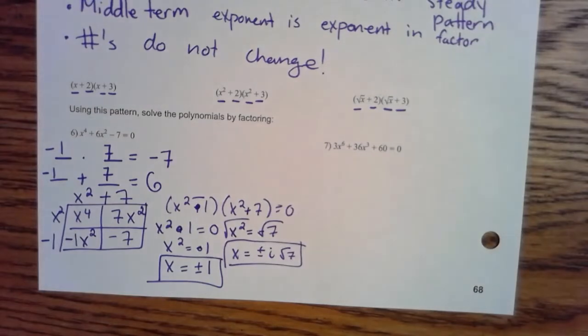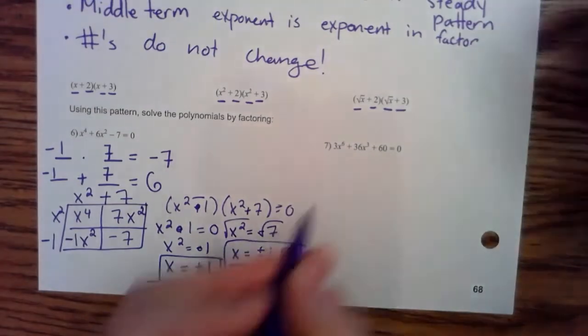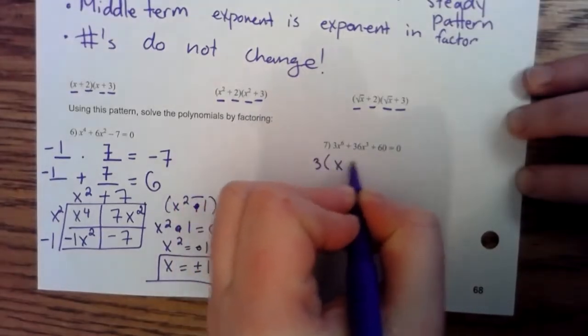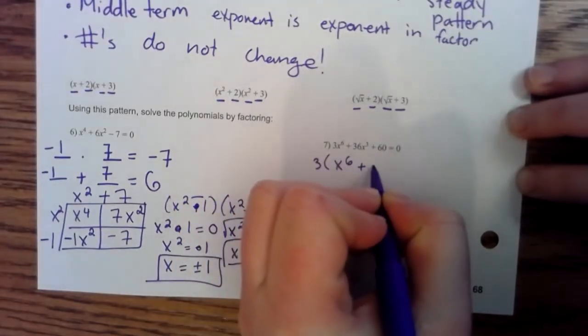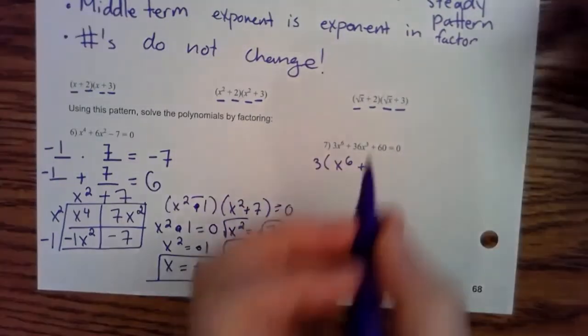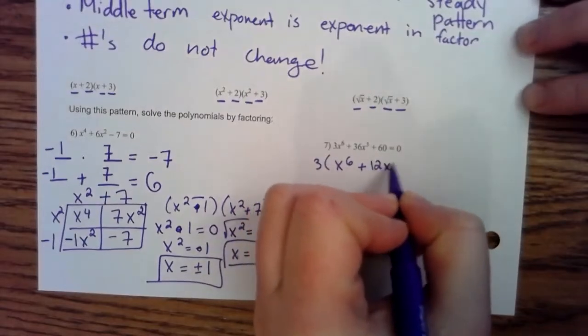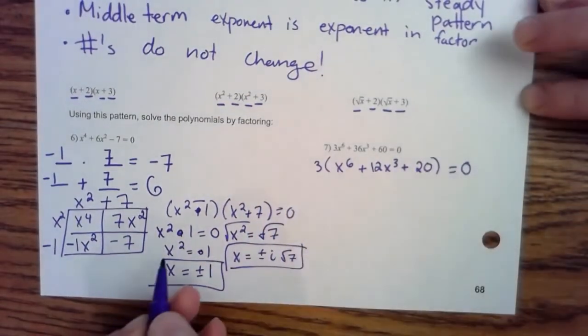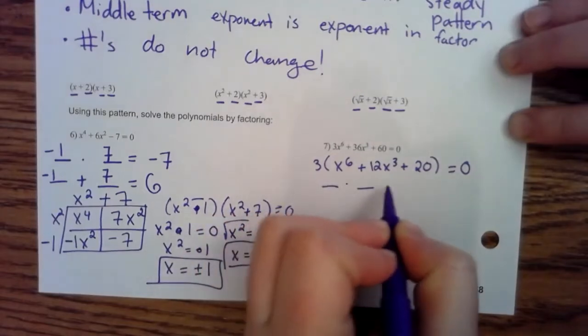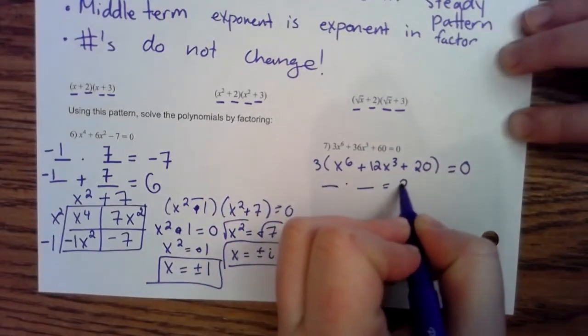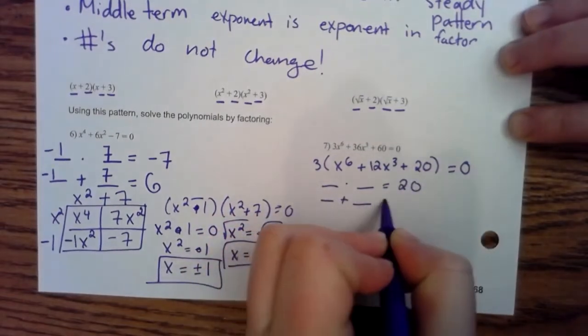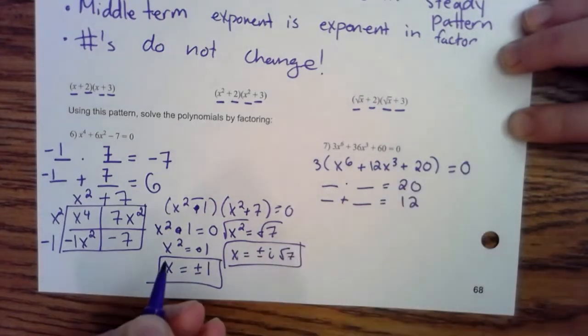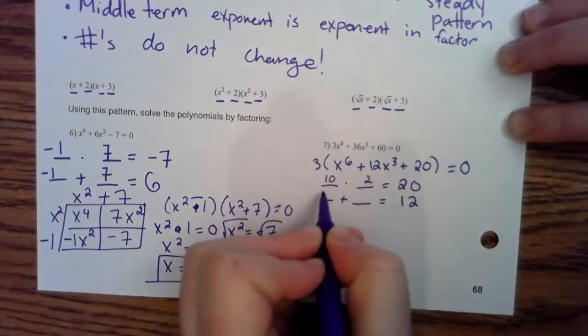I'm going to take out a GCF, which is going to be 3, plus 12x^3 plus 20 equals 0. So now I'm trying to multiply to 20 and add to 12: 10 and 2.